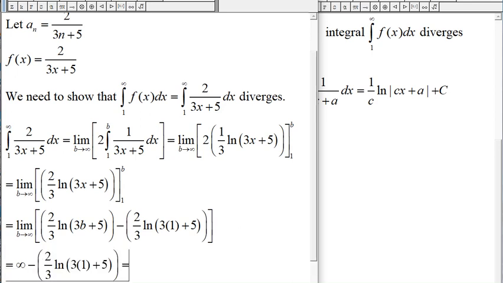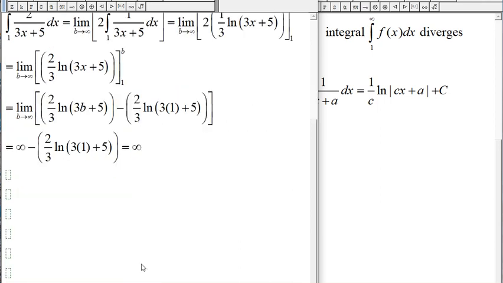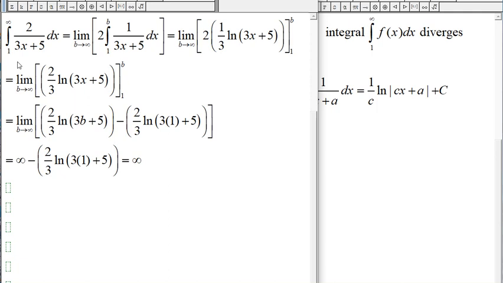This is equal to infinity. And therefore, this integral right here, from 1 to infinity, diverges to infinity. It's equal to infinity.